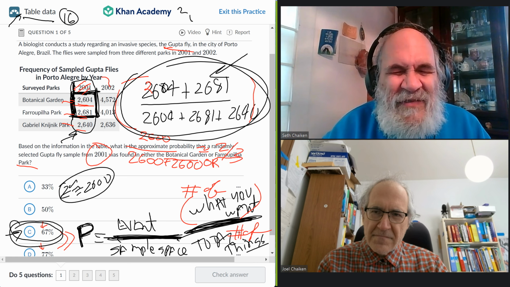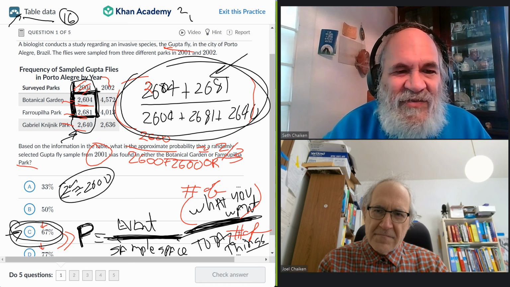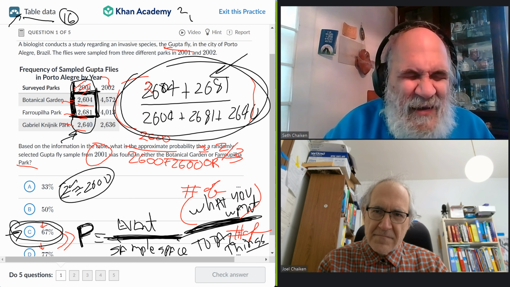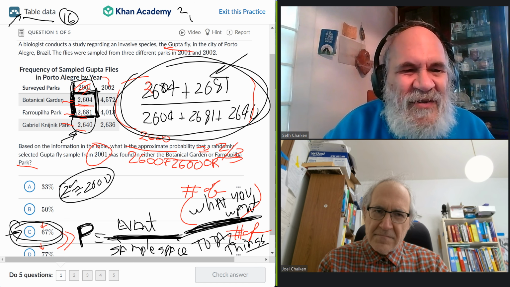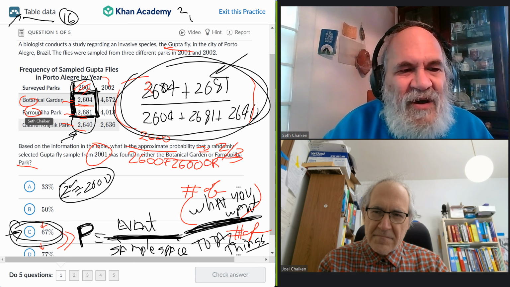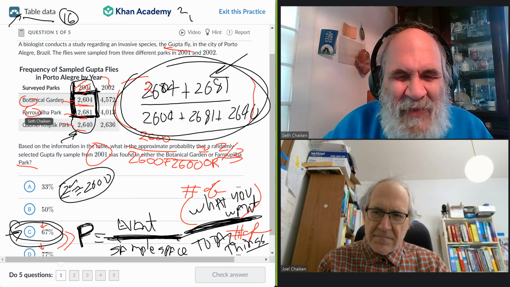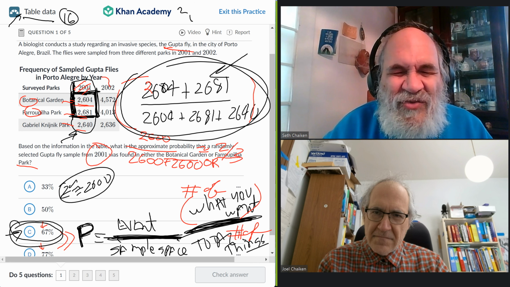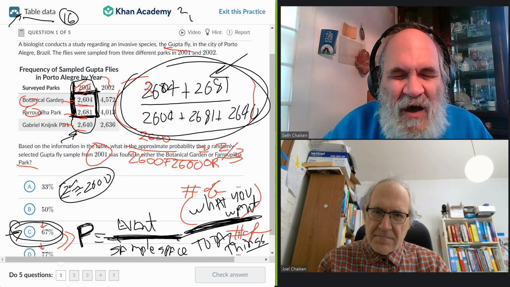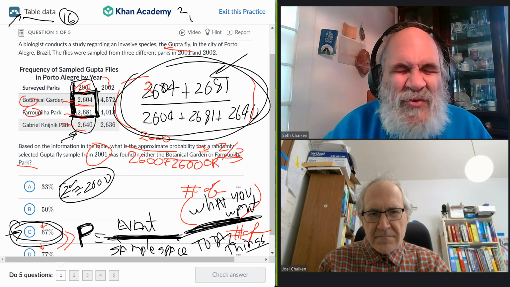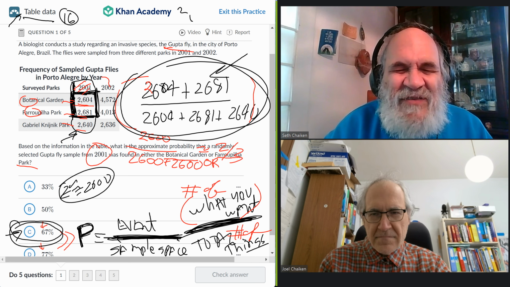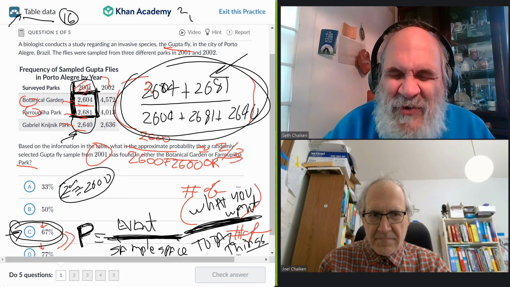The event that we're interested in is those flies that were collected either in the botanical garden or the Farwick Park. It's assumed that a fly is chosen from the collection from 2001. Each fly has an equal chance of getting chosen.